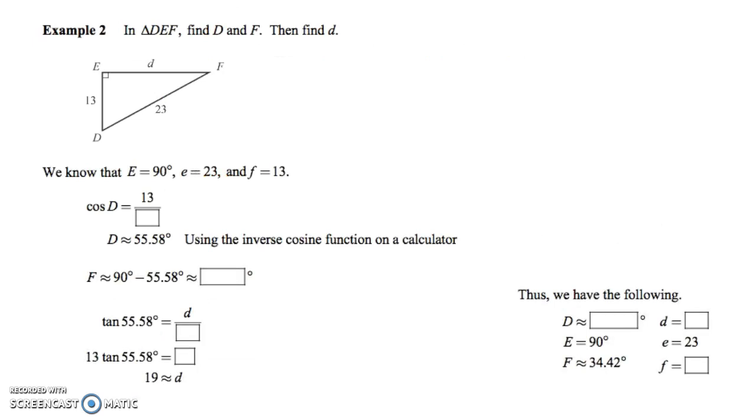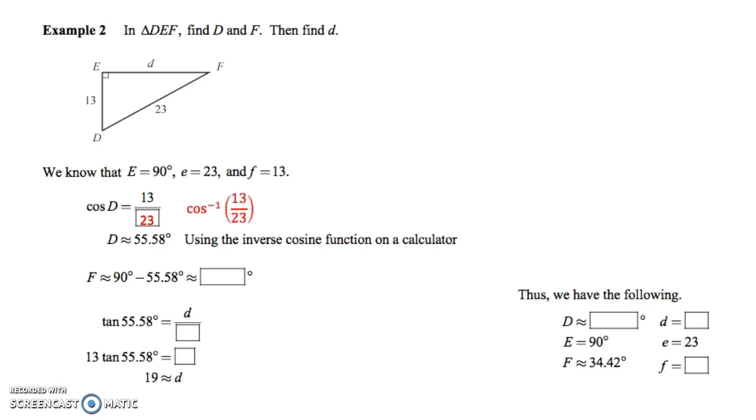Let's solve triangle DEF. Find angle D and angle F and side D. We do know that angle E is 90 degrees, side E is 23, and side F is 13. What we can do is use inverse functions to find angle measurements. So from the viewpoint of D, we know that cosine is adjacent over hypotenuse, so 13 over 23.